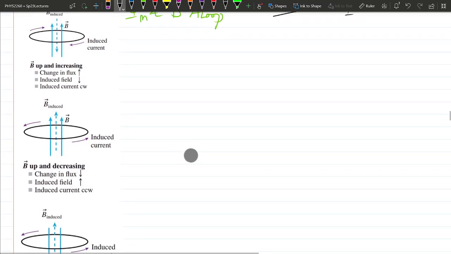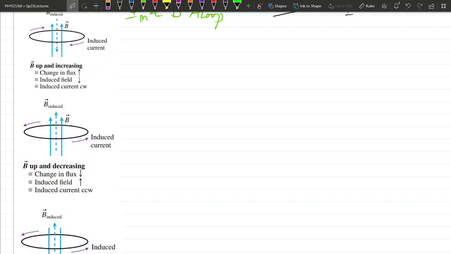Similarly, the magnetic field is upward, but it's decreasing over time. If it's decreasing over time, the current loop is going to induce a magnetic field to keep that net flux constant. Therefore, it's going to create a magnetic field pointing upward to say, I don't want to lose this magnetic field, I want to keep it the same. It's not going to be able to keep it forever, but it's going to try to.